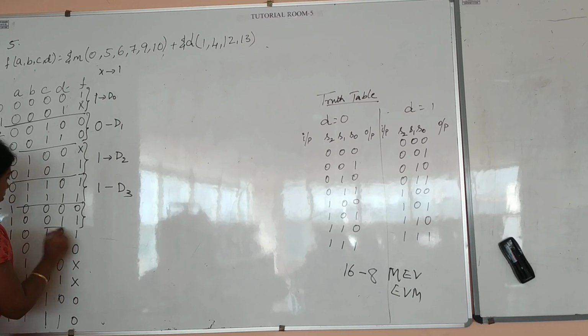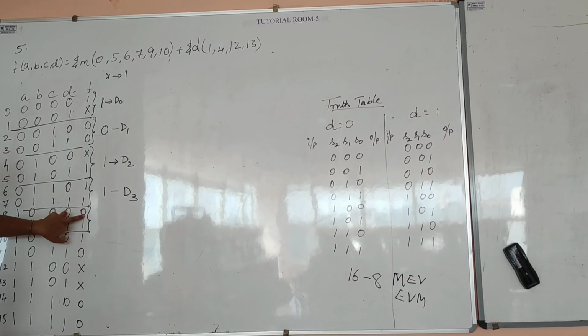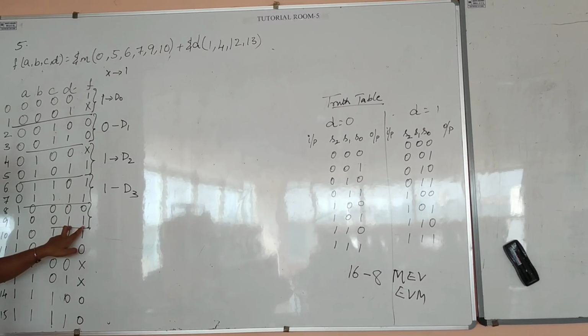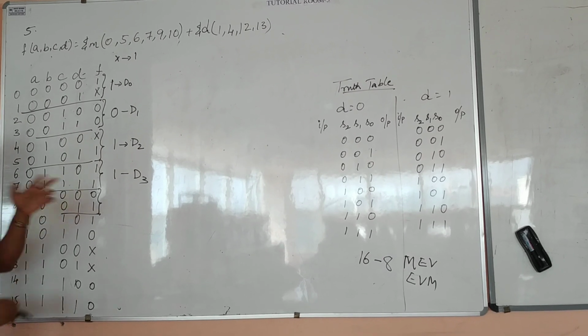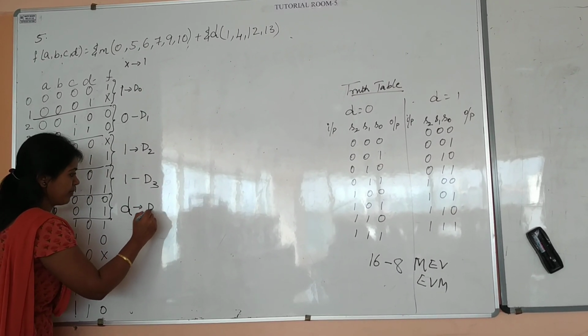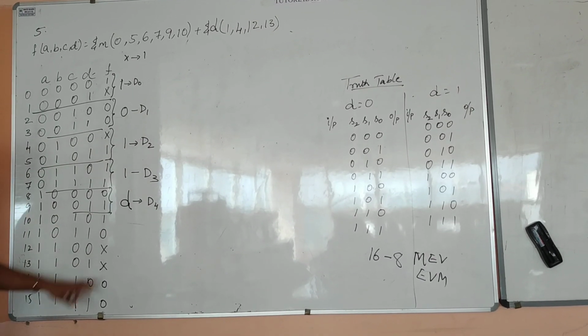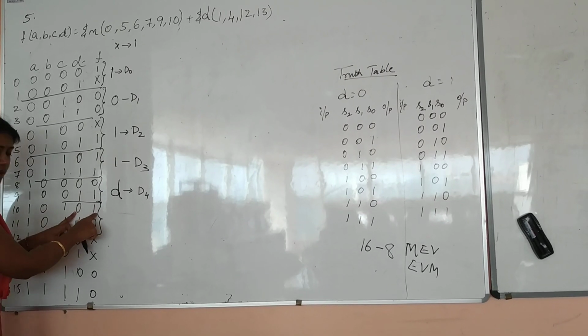Now observe ABC values are 1 and the same. When D is 0, what is the output? 0. When D is 1, what is the output? 1. So the output is exactly the same as D. These 2 lines I can club by writing it as D. This will be D4. Next, when D is 0, output is 1.